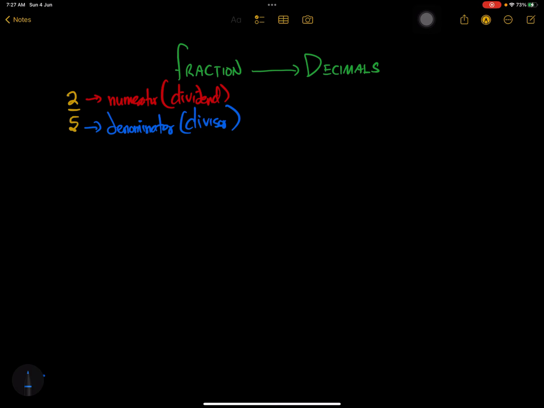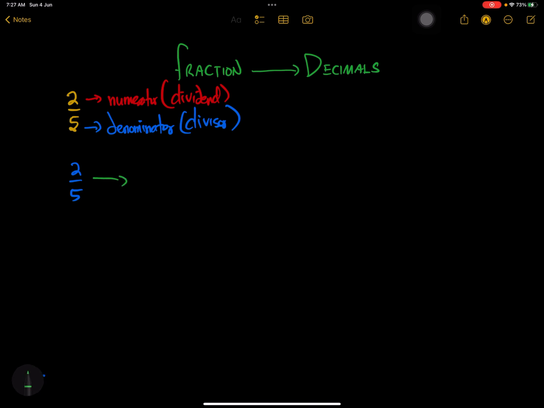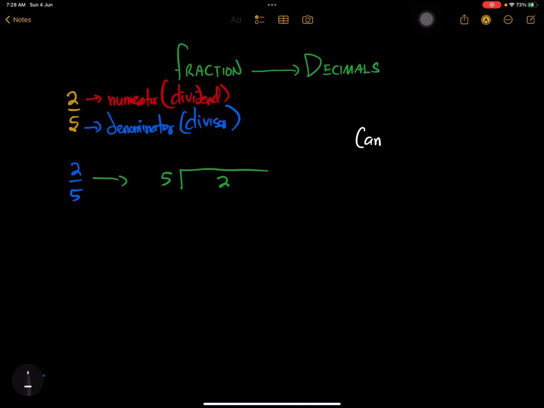So let's start. We have 2 divided by 5, and the first thing we do is put the denominator, or the divisor, on the outside, and the dividend on the inside. The first question we ask ourselves is: can 5, which is the divisor, go into 2, which is the dividend?